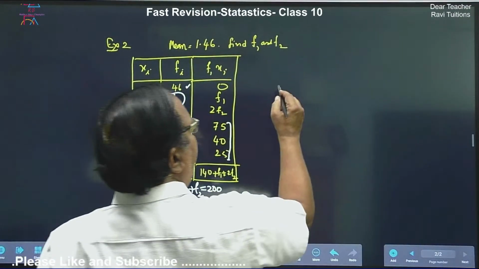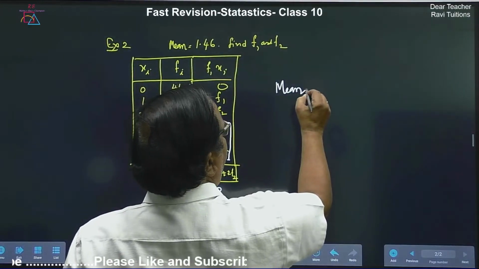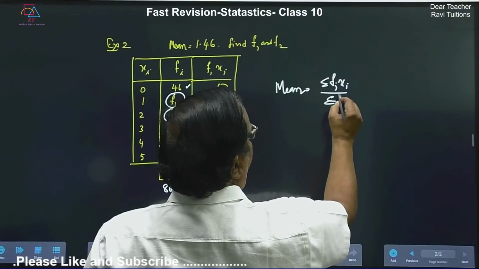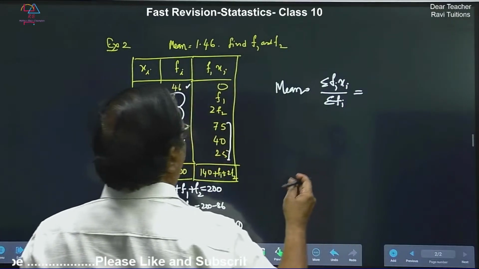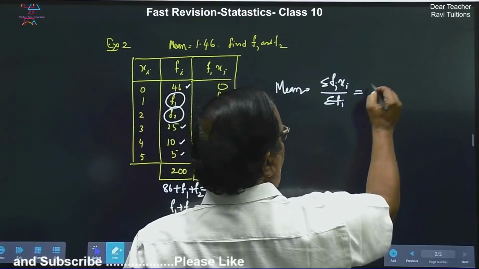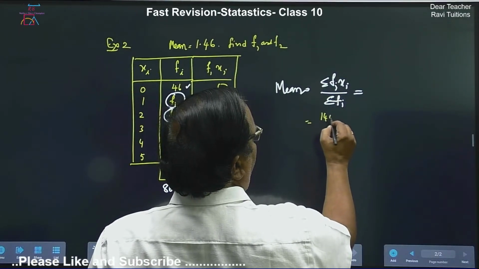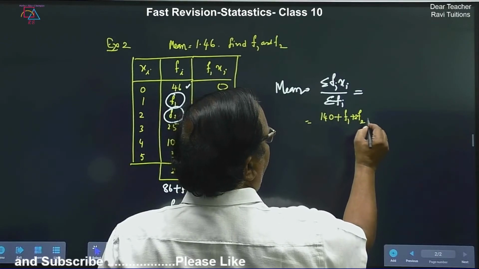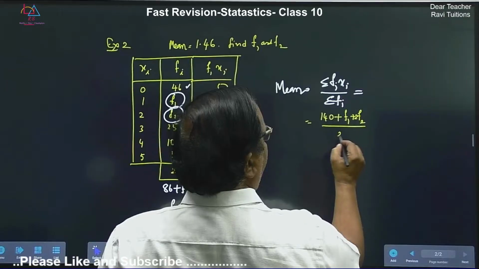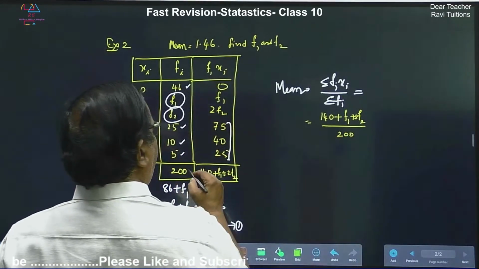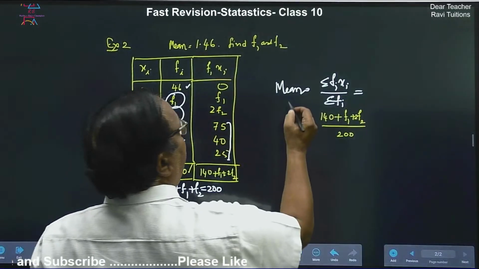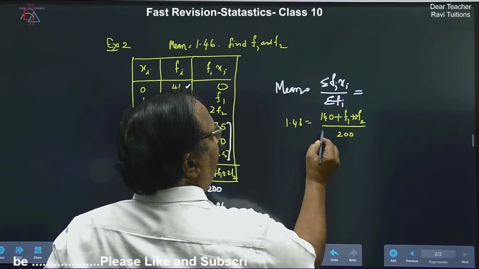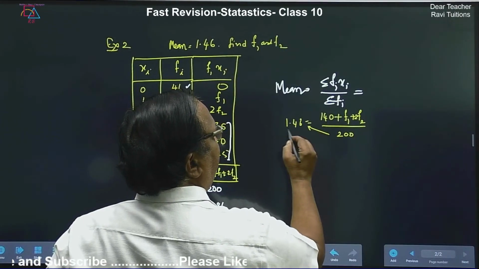So now mean is equal to sigma Fi Xi by sigma Fi. Sigma Fi Xi is 140 plus F1 plus 2F2 by sigma Fi, which is 200. You have to write 200. 200 is given. Mean is equal to 1.46. So cross multiply it by 1.